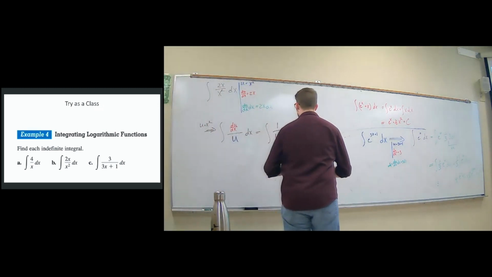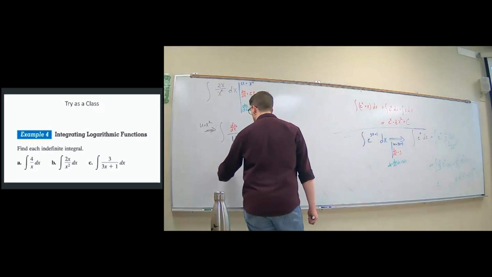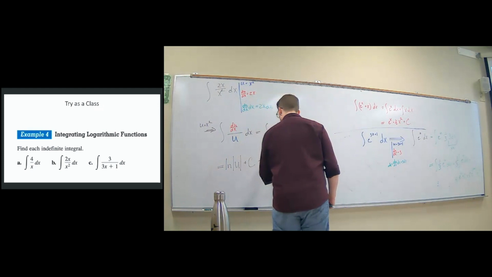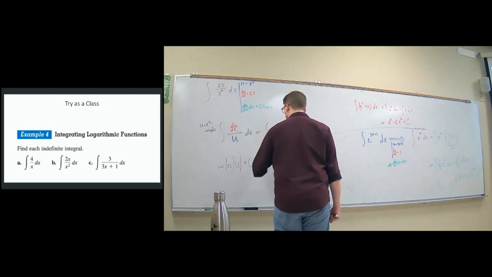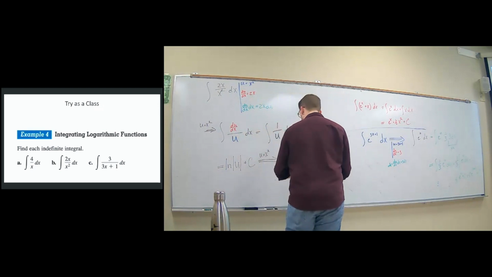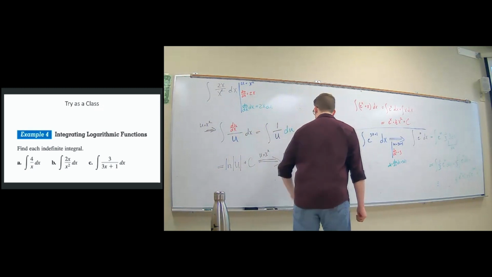And this is equal to the ln of the absolute value of u plus a constant. So when I substitute u back in, which we said was x squared, I get the ln of the absolute value of x squared plus c.